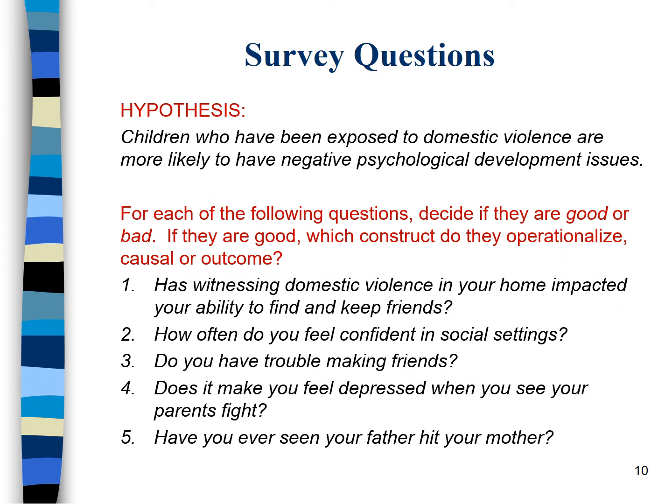So imagine we've got these survey questions. So we have our hypothesis. Children who have been exposed to domestic violence are more likely to have negative psychological development issues. And then here, what I've done is I've given you 5 possible questions that somebody says I would like to include on my survey. Now, I'm not saying these are the greatest questions, and we're not going to worry about closed-ended, open-ended right now. I just want to make sure the key thing here is your survey questions.